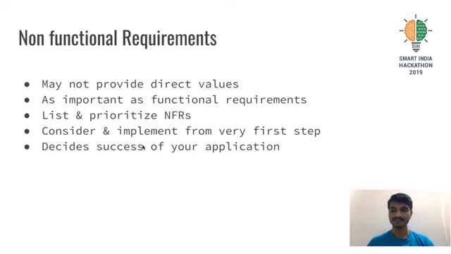If we think we can implement our non-functional requirements at the end of our development, it is going to create a lot of problems for us, because non-functional requirements should be considered from the start of our application itself. Otherwise, it's going to miss a lot.